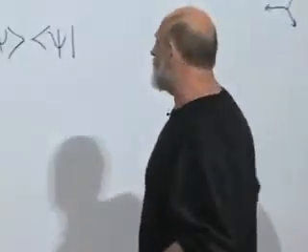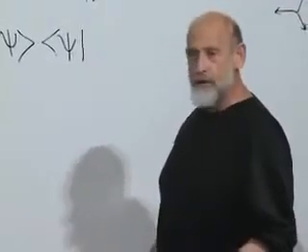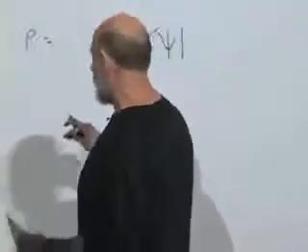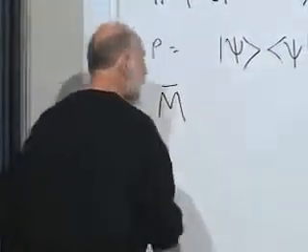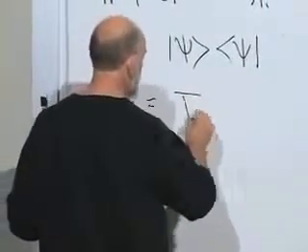Now, whether or not the state is pure or mixed, the rule for average values, usually called, even in this case, expectation values. I didn't want to confuse the notation, so I just indicated an average value. Let's say the average value of the observable M, which I'll indicate by putting a bar over the top, is just the trace of the density matrix times M. I'll remind you in a moment what the trace is.